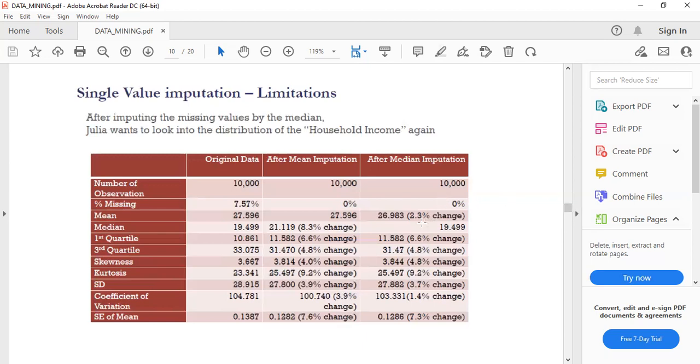Look, the mean value gets changed by 2.3% when you impute the median value for missing values. Look at this value, 26.983.